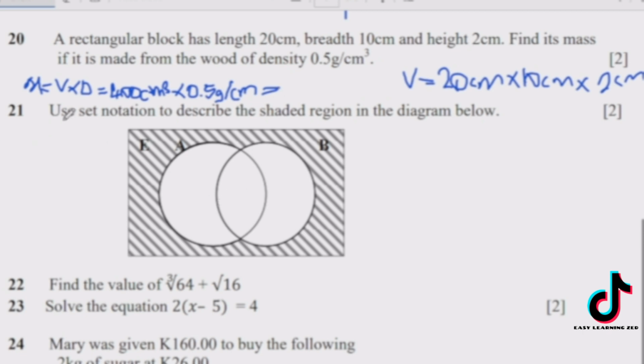Why that? Let me show you down here. We convert 0.5 into a fraction, which gives us 1 over 2 multiplied by 400. That means 2 and 400 will divide each other.